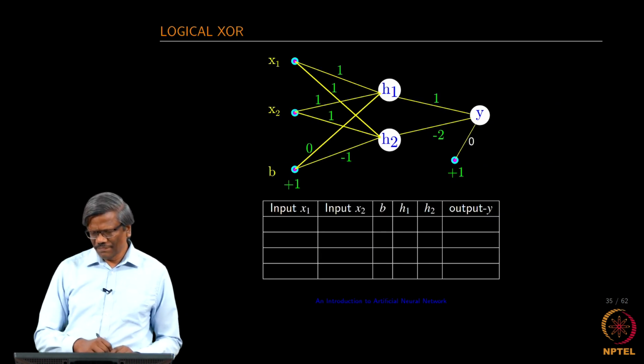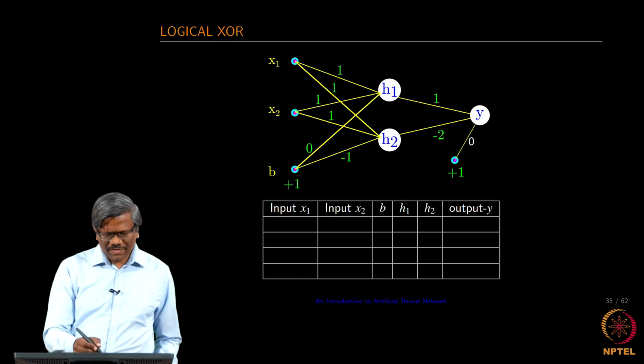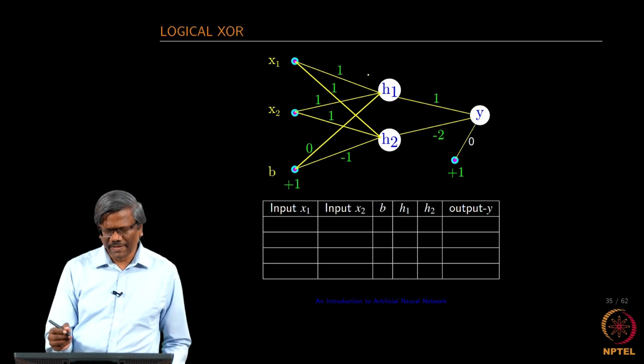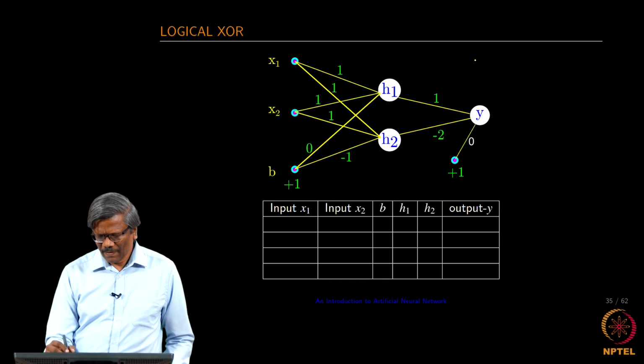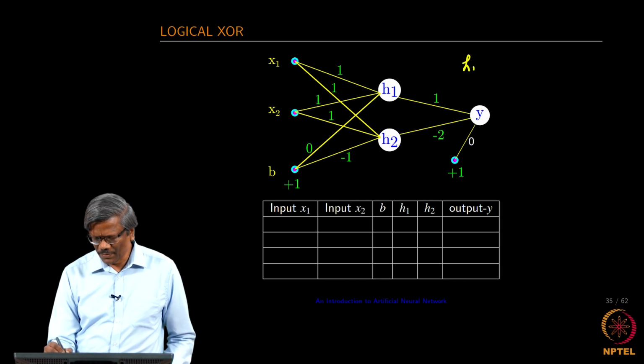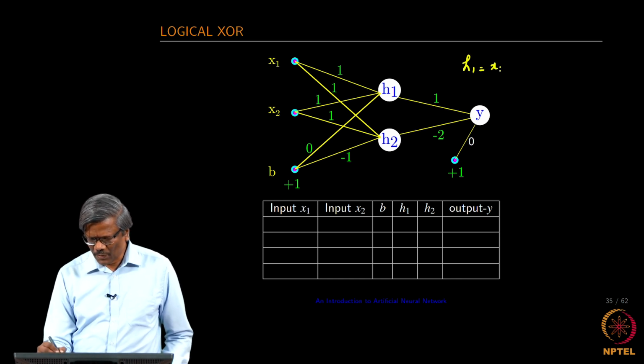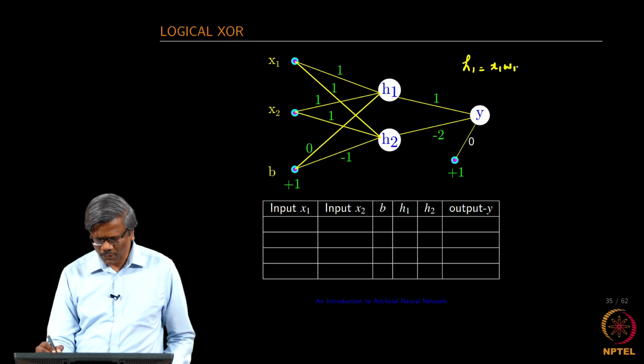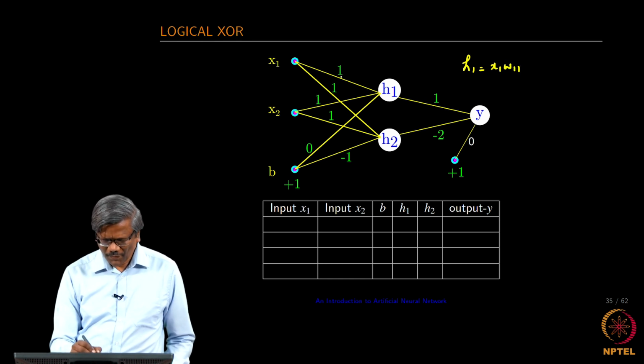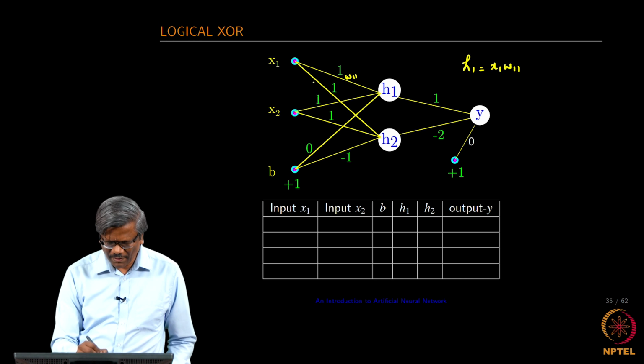In this case if you use the standard computation model that we had described earlier, here H1 equals x1 W11. We call these W11, W12, W21, W22.